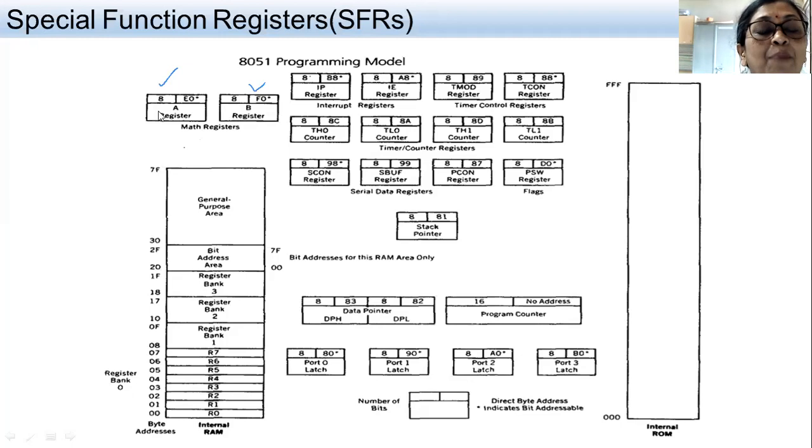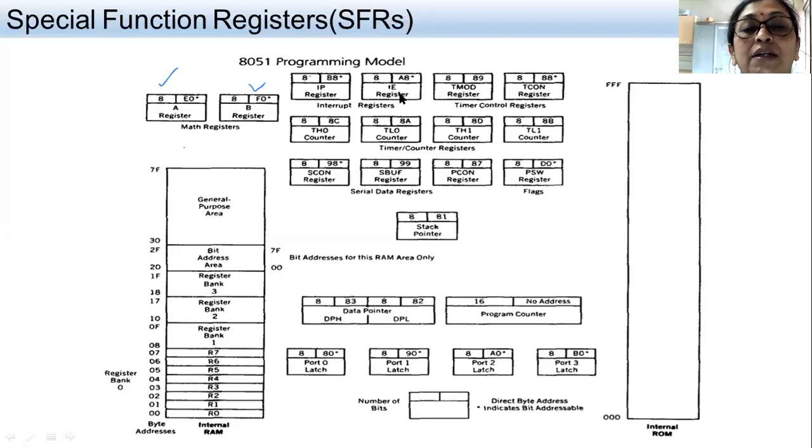Now apart from math registers, what other registers can you observe here, students? Here you can observe interrupt registers. In the interrupt registers we have the IP register. IP means, as I have already told you, interrupt priority.